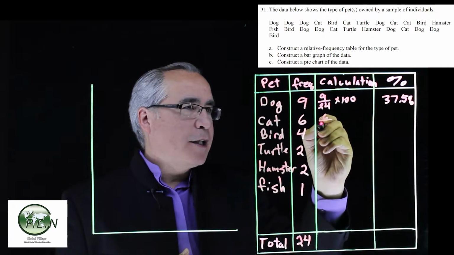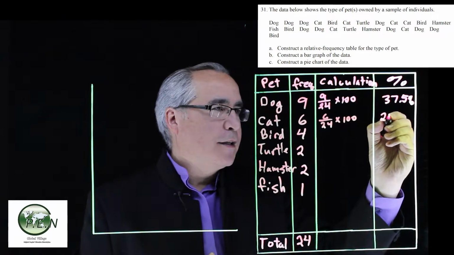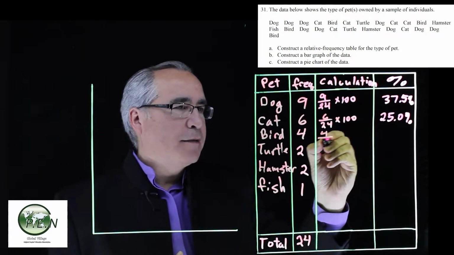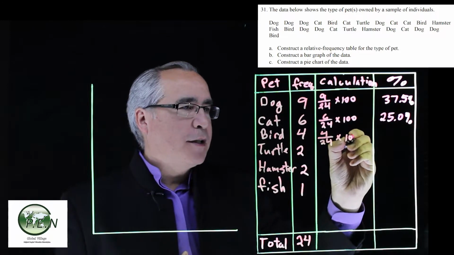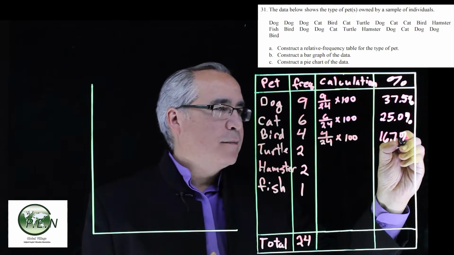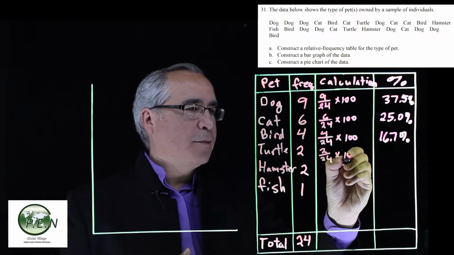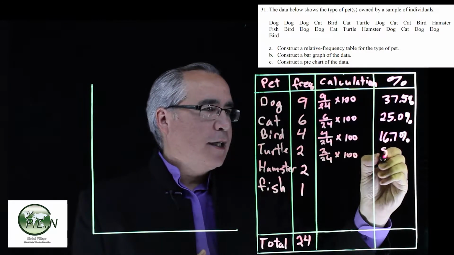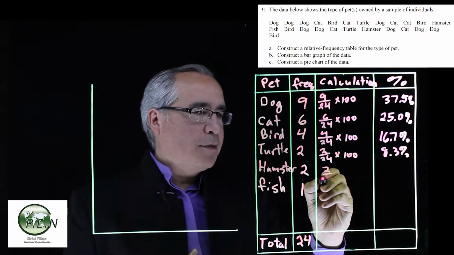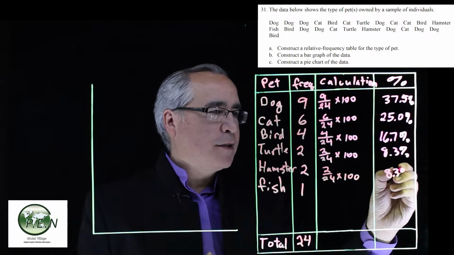6 divided by 24 times 100 gives us 25.0%. 4 divided by 24 times 100 gives us 16.7%. 2 divided by 24 times 100 gives us 8.3%. 2 divided by 24 times 100 gives us the same result, 8.3%.